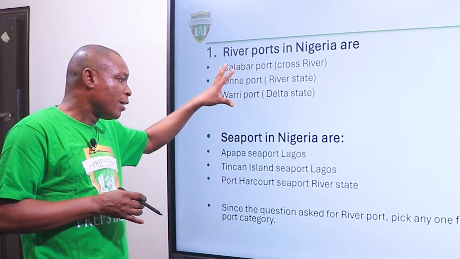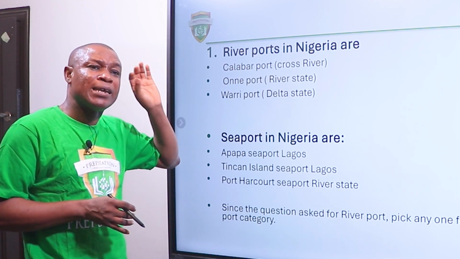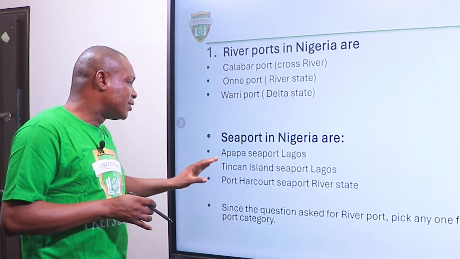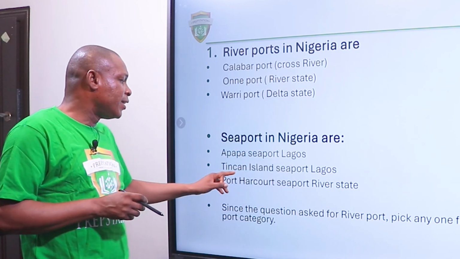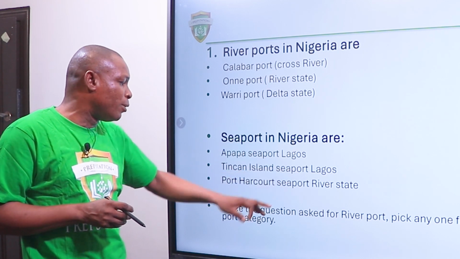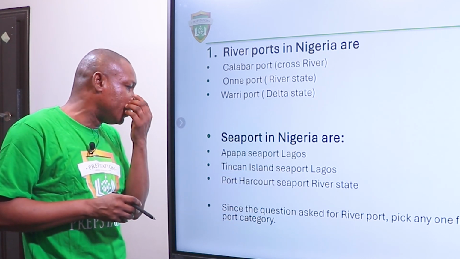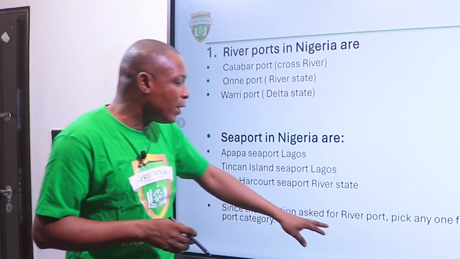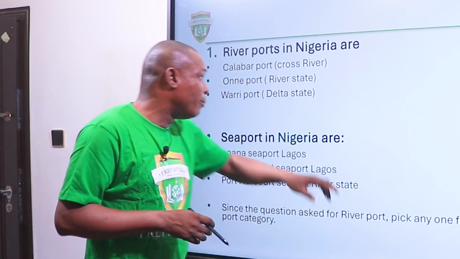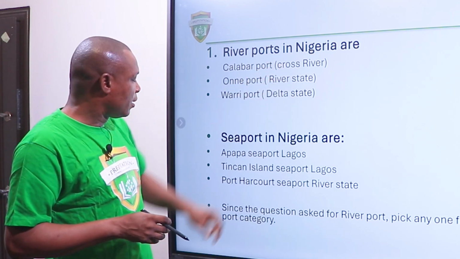But if the question requires seaports, the seaports in Nigeria include Apapa Seaport in Lagos, Tin Can Island Seaport, and the Port Harcourt Seaport in Rivers State. So since the question asks for a river port, pick any one from the river ports category.